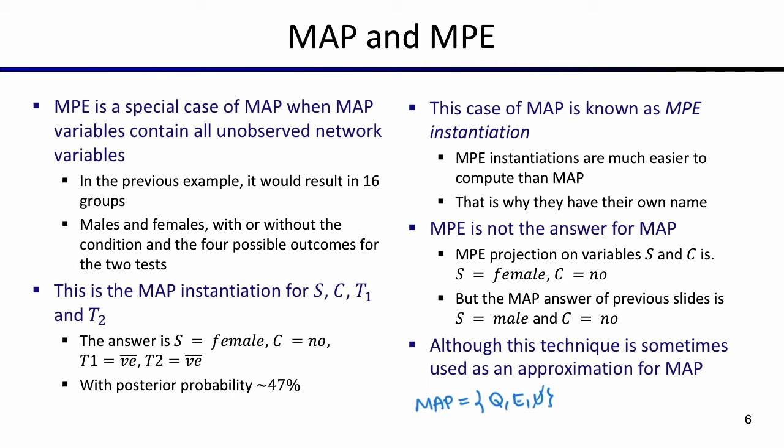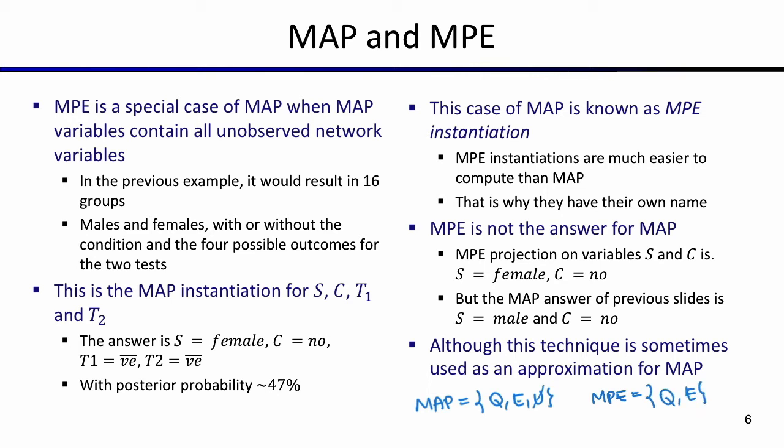In the case of MPE, it's a little simpler because we have just two sets of variables. The query variables, the MAP variables, will involve all the variables that we have in the network. We will not have the unobserved variables; we will only have the MAP variables and the evidence variables.